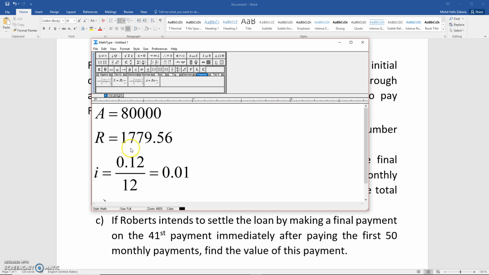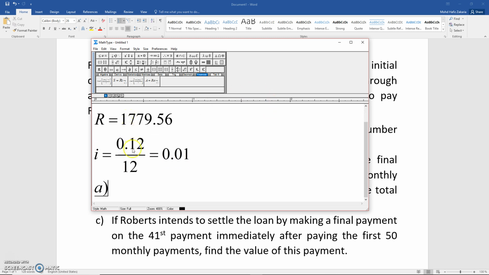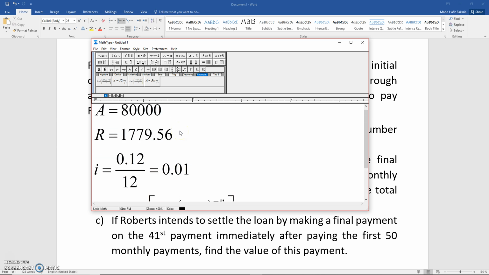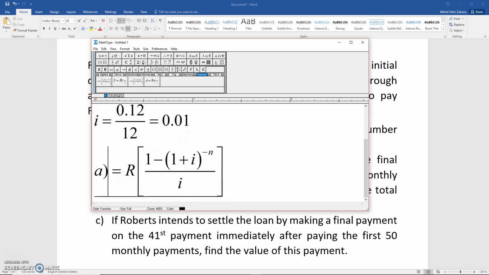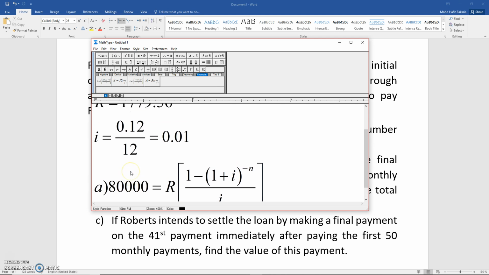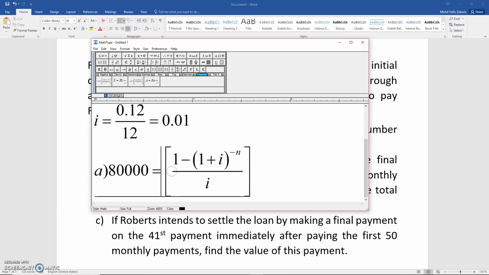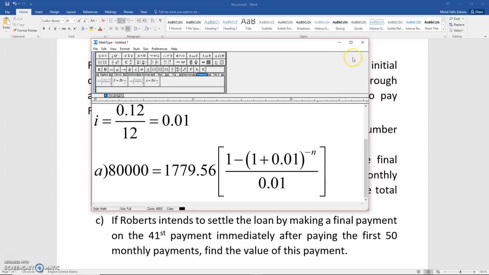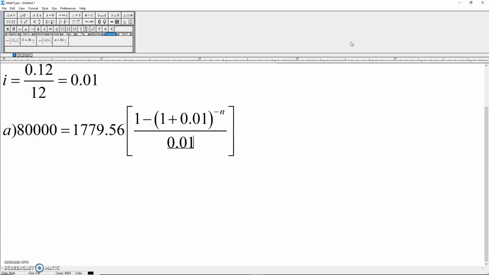We have the information of A, R and I, so this allows us to use the formula of present value of an annuity. Let's substitute everything: 80,000, R is 1779.56 and I is 0.01.